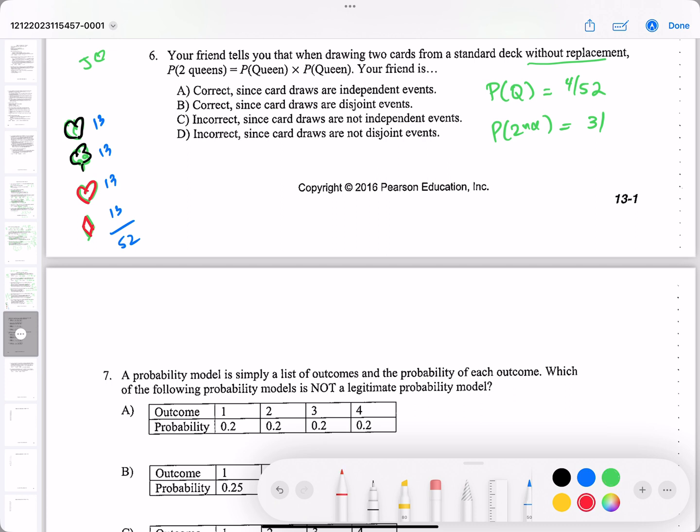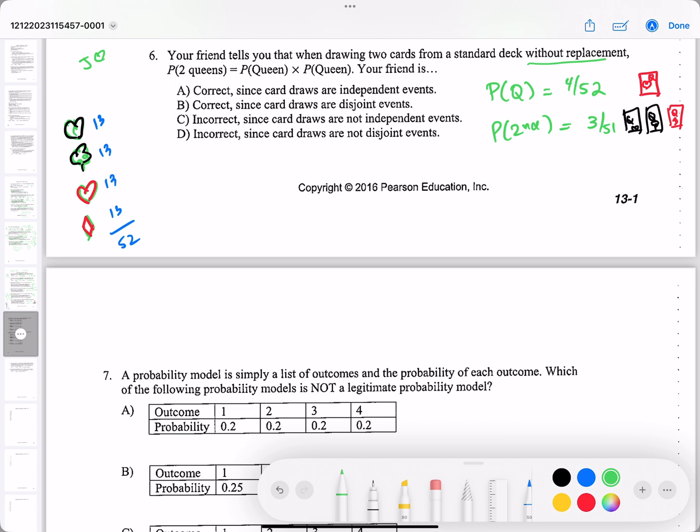So here, let's say I took the queen of hearts out. So now all I have left to choose from is the queen of spades, the queen of clubs, and the queen of diamonds. So I only have 3 of those left, and I only have 51 cards left.